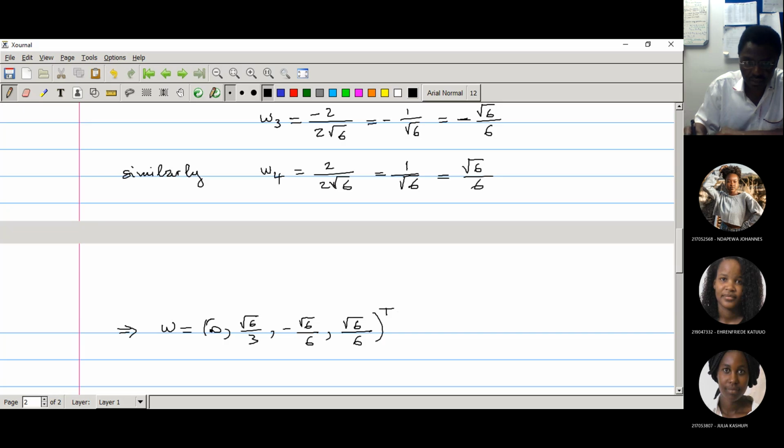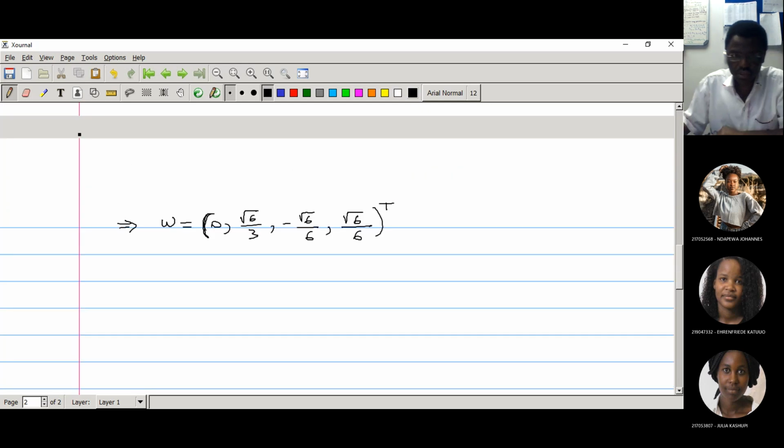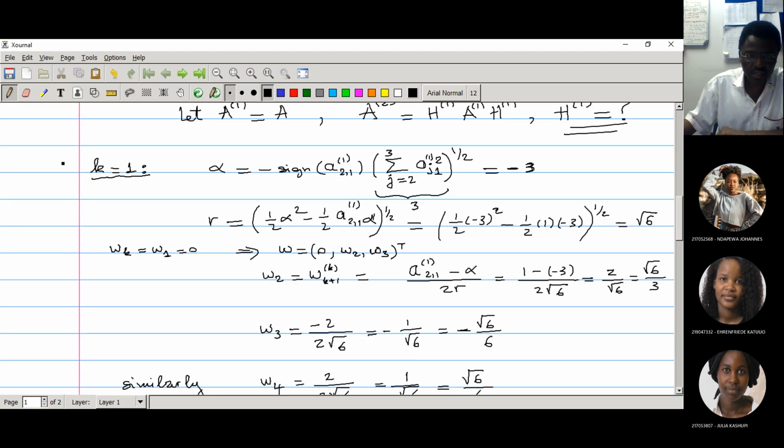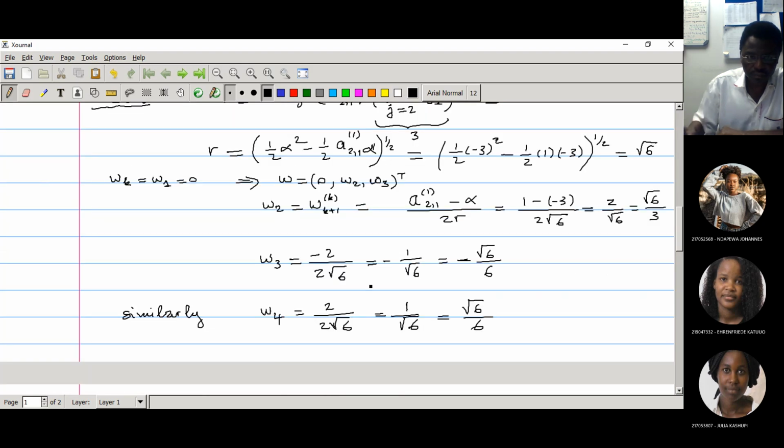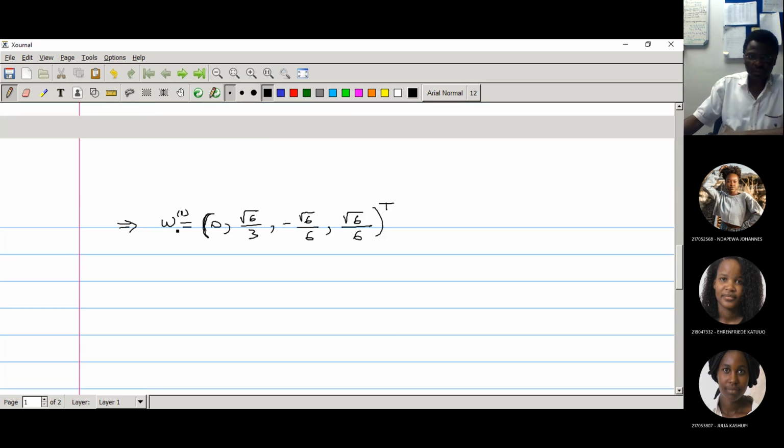So this is our W. Now to construct H1, of course, this is our W1. That is when K is equal to 1, because we fix K to be 1. Obviously, these are the entries. In fact, if I want, I can still put the superscript here, but it's fine. I still leave it. Okay, so that's our W1.